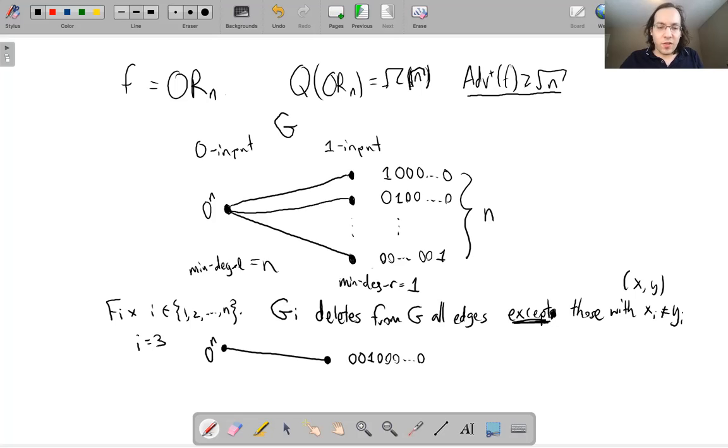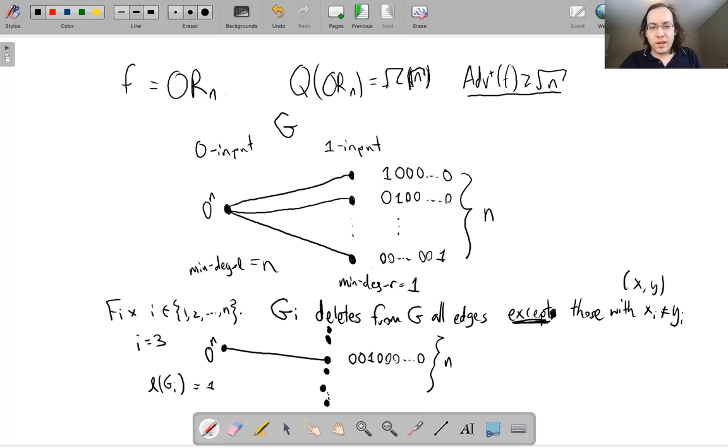Because for every other string, the third bit of 0 to the n and the third bit of that string agree. So all those other edges are deleted. So the graph looks like this. There's n of them in total, but there's only one edge. So the degree on the left is now 1, the max degree, I guess. So we have that the max left degree of G_i is equal to 1.